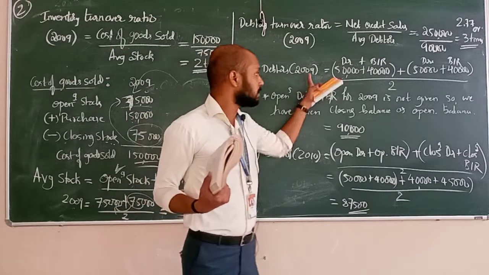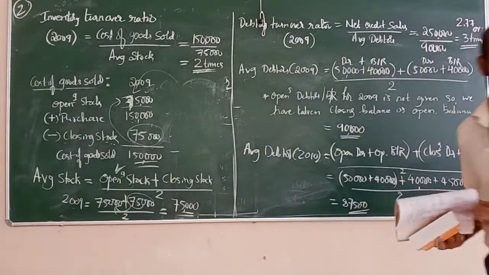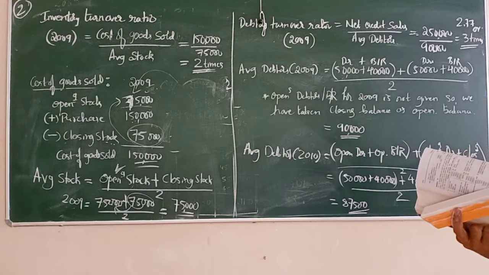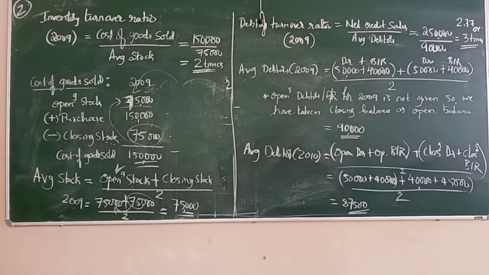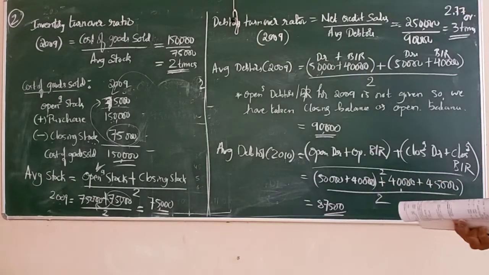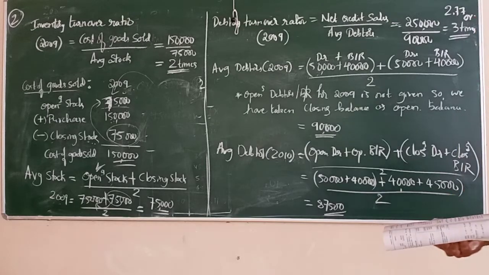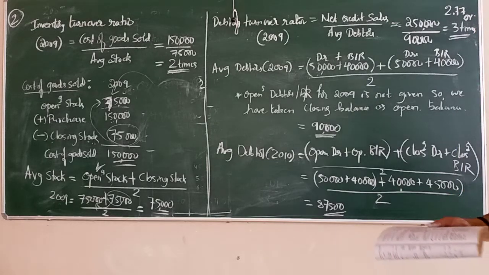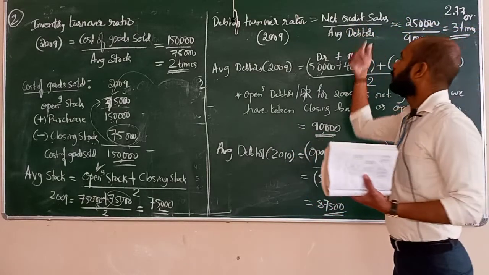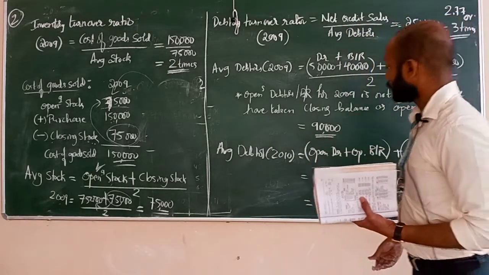Next is debtors turnover ratio. The debtors turnover ratio formula is net credit sales divided by average debtors. I have calculated it for 2009. Net credit sales means whatever sales they have given will be taken as net credit sales.